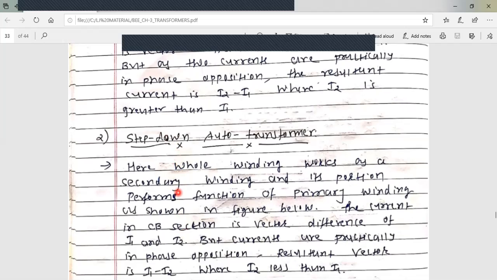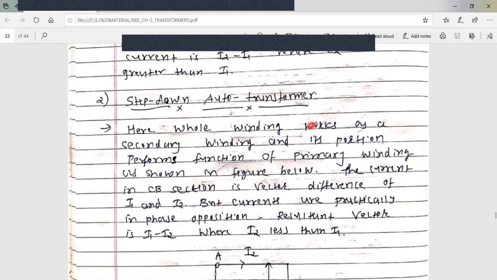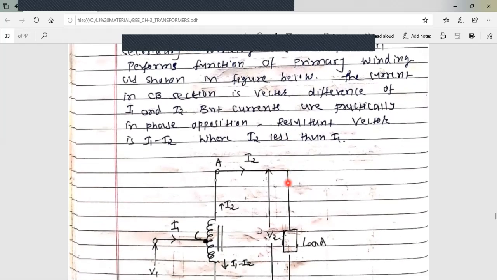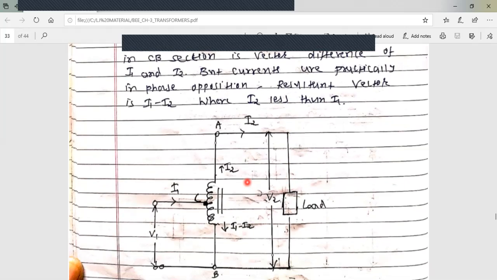In a step up transformer, the whole winding works as the secondary winding and a portion of it performs the function of the primary winding, as in the figure below. So the whole winding works as the secondary winding, but part of it acts as the primary winding.